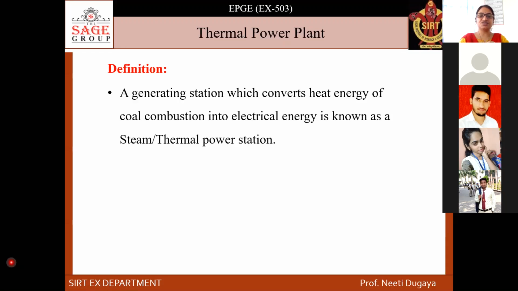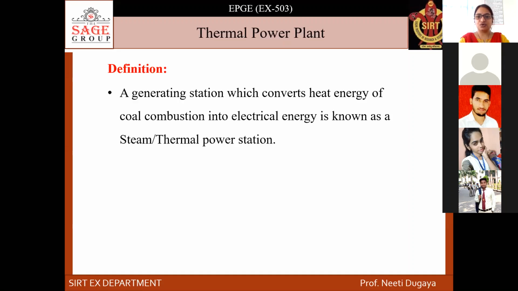So this is the definition. The generating station which converts heat energy of coal combustion into electrical energy is known as steam or thermal power station. This is as simple as that. We know that in thermal power plant the main fuel is coal.